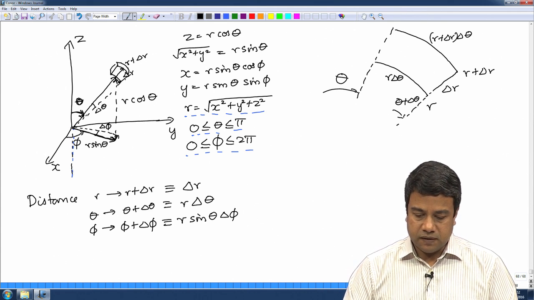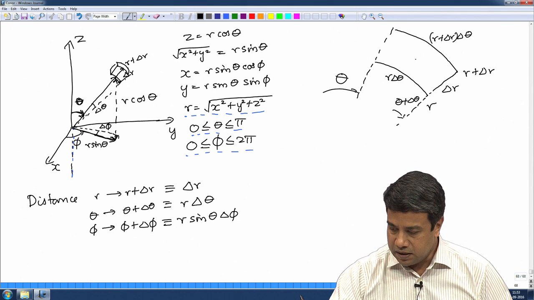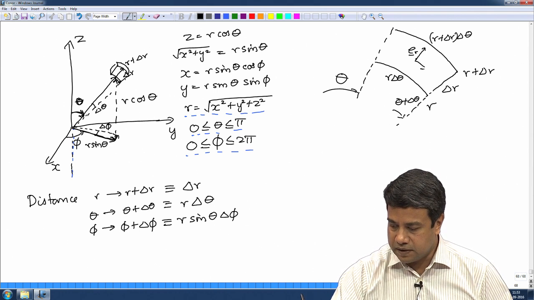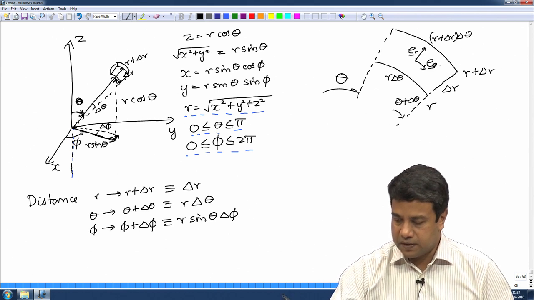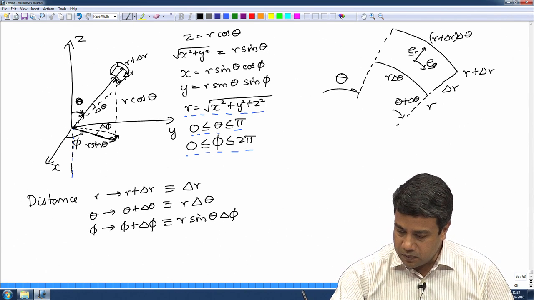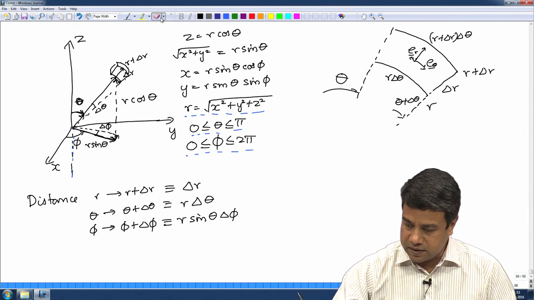Note that if I write some kind of a coordinate system here, the r direction will be in the direction of increasing r, er. The theta direction will be the direction of increasing theta, e theta. The phi direction is along the xy plane, so it is perpendicular to both of these.